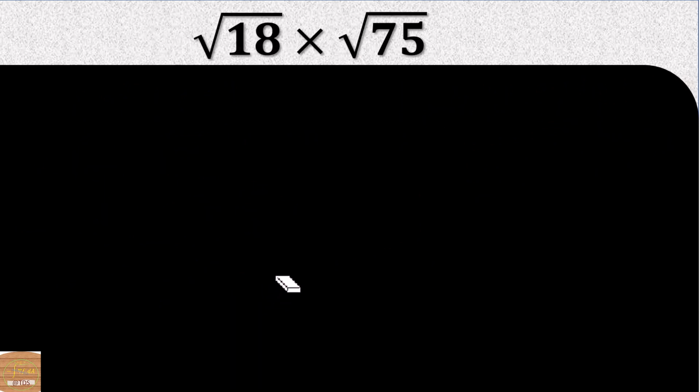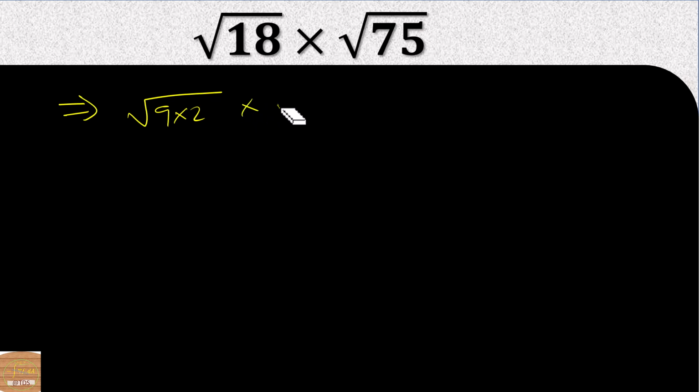So let's look at this multiplication. We learned from lessons 1 and 2 that in case you are given this, it can be written in its basic form. So root 18 is the same as 9 times 2. 9 is a perfect square, accepted.